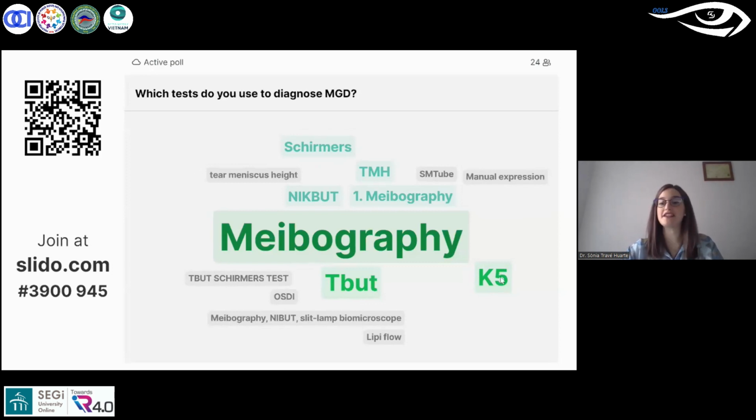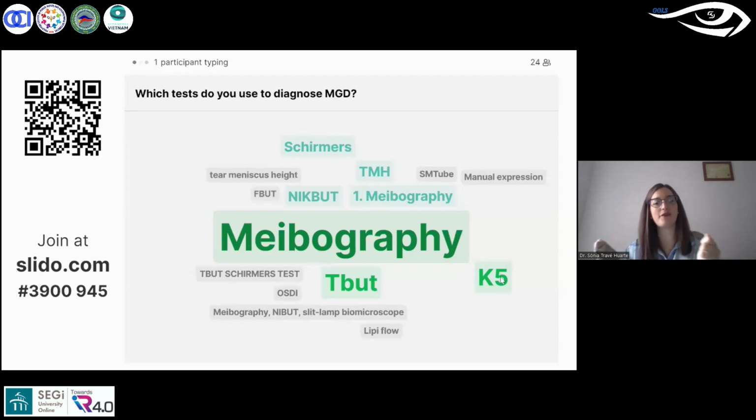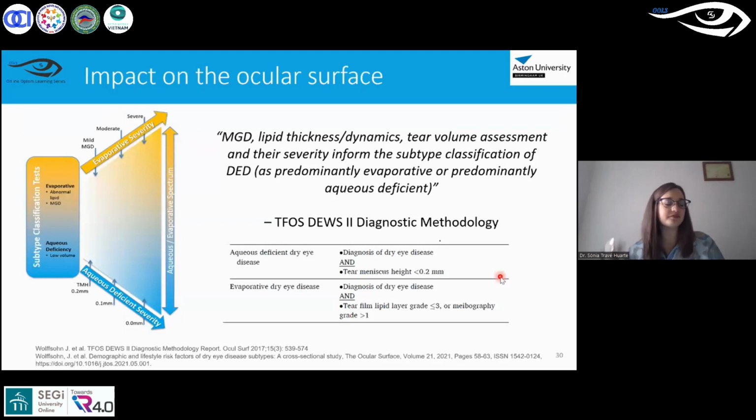Yeah, perfect. So actually, it's not that one of them will give you the right result. I normally take all of these things, that's why I do a workup, because they help me understand why my patient is having what they're having. So we're going to go to the TFOS DEWS II workup on the diagnostic criteria.